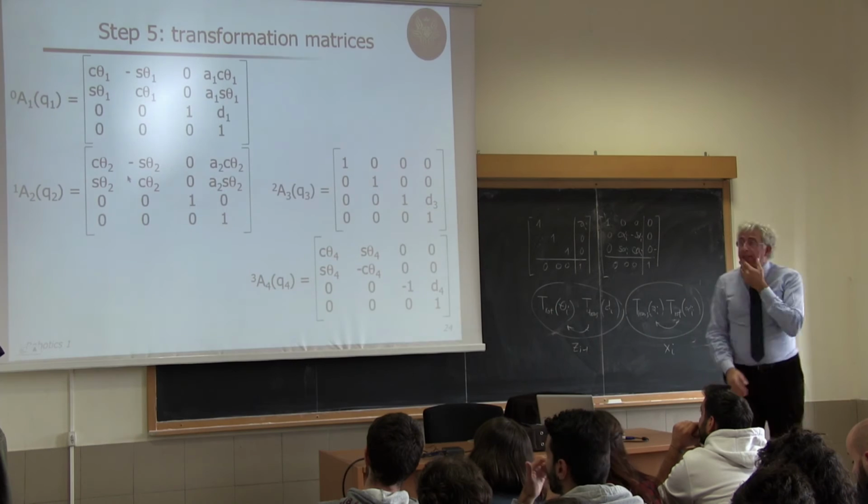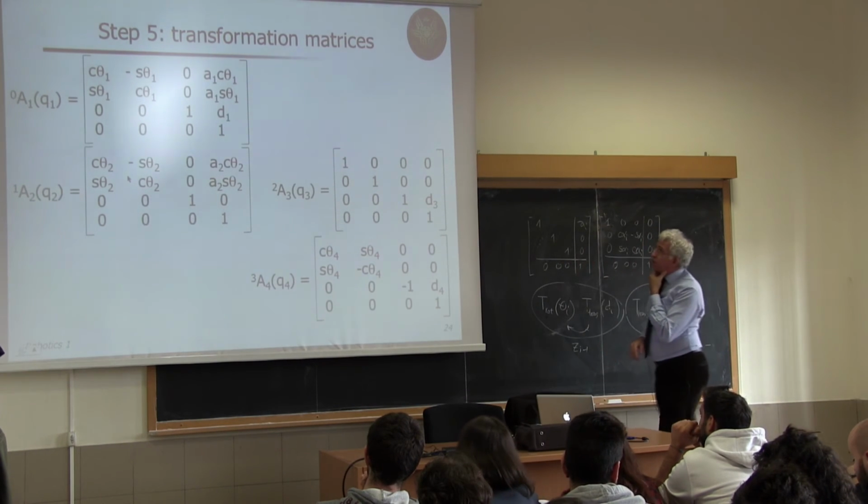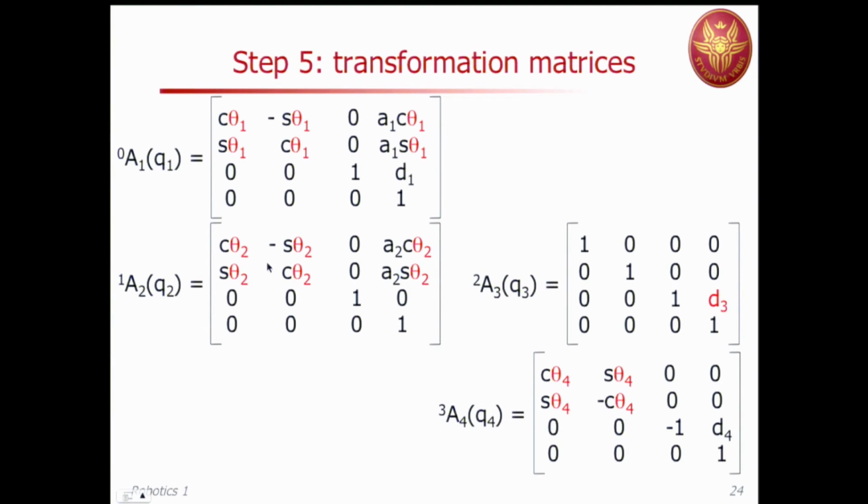So if I substitute into the generic A_{i-1}^i as a function of q_i, the first row of the table leads me to this structure, the second row to the second homogeneous transformation, the third row to this one, and the fourth row to this one.